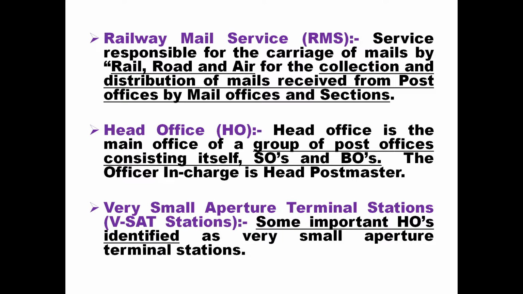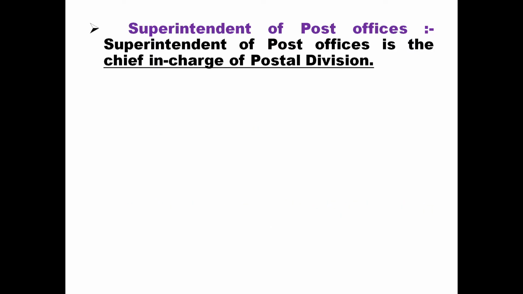Very Small Aperture Terminal stations, which are also called VSAT stations. Some important head offices identified as Very Small Aperture Terminal stations are called VSAT stations. Superintendent of Post Offices.